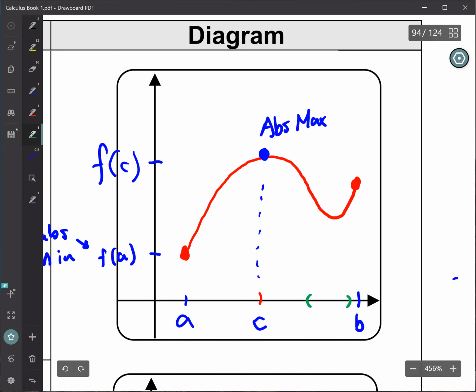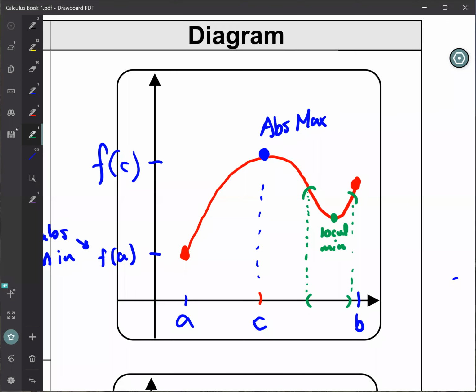Because if I go up from here and then to here, I have a lowest point. So this will be called the local minimum, because within that small interval, I am able to find a point that is the lowest.